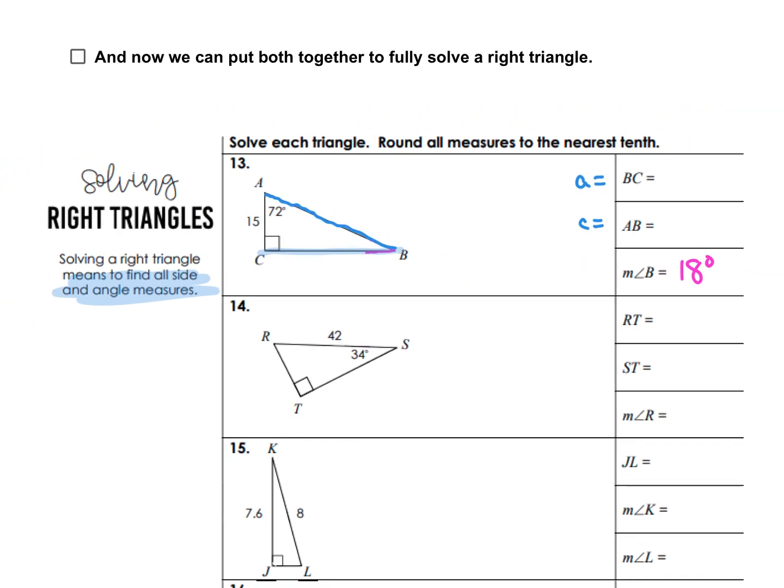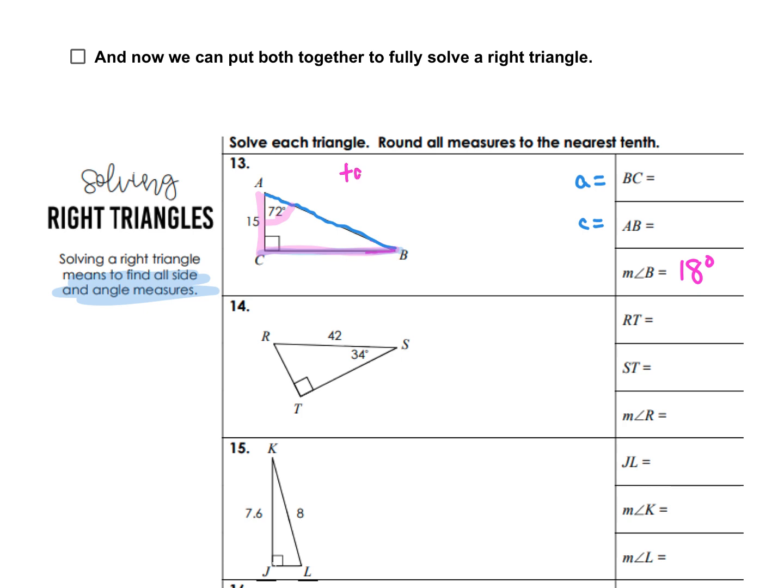So if we're going to focus our attention on finding side A, then we are looking for this side. We have this angle, and we are already told what that side is. So what's the trig function that we would want to use to figure out side A? Tangent.